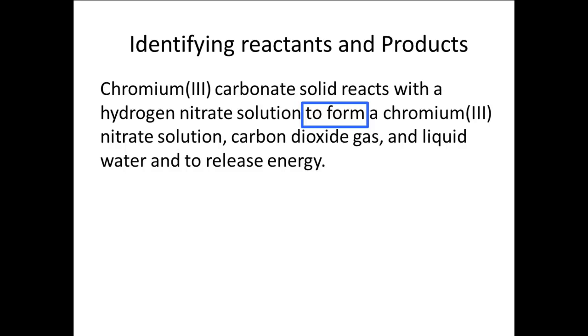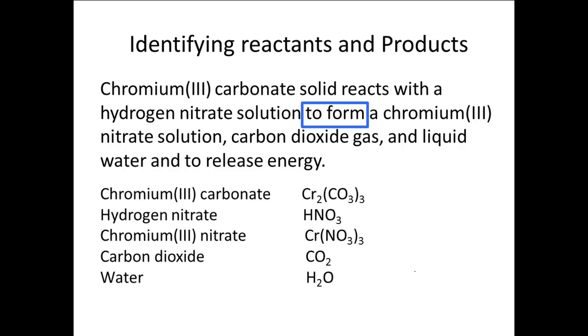The verb reacts with shows this, and the 3 substances after to form are all products. So, chromium-3 carbonate and hydrogen nitrate are reactants. Chromium-3 nitrate, carbon dioxide, and water are products.